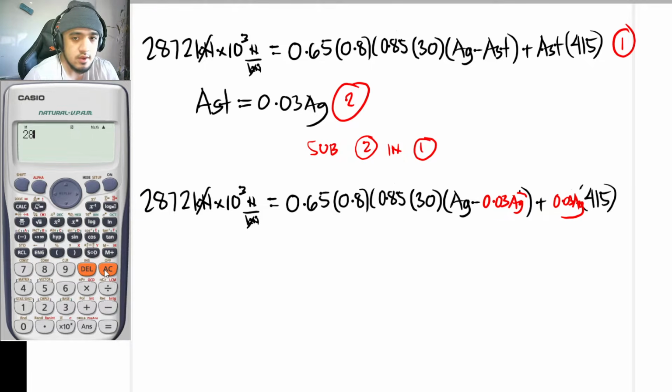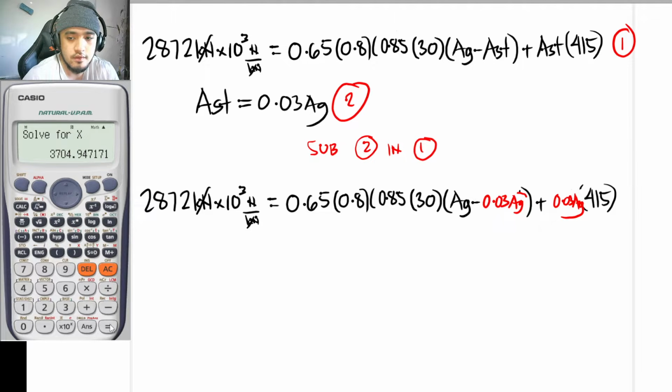So 2872 times 10 raised to 3 is equal to 0.65 times 0.8 times 0.85 times 30 times alpha x, which is the value for my AG, minus 0.03 times alpha x, plus 0.03 times alpha x times 415.